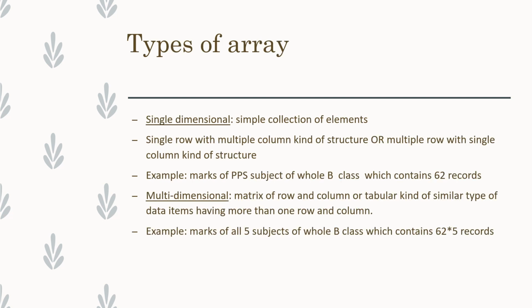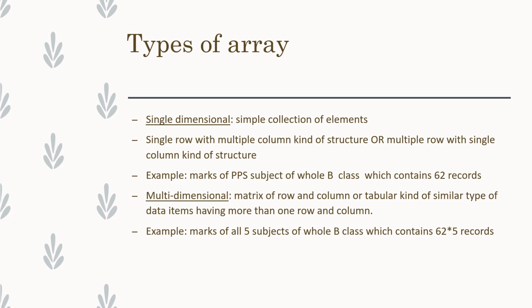So basically, two types of arrays can be used. First one is a single dimensional, second one is multidimensional. Now what is single dimensional? It is actually the simple collection of elements. Whenever we are having an array which is of kind a single row with multiple columns or a simple column with multiple rows, that kind of structure can be stored as a single dimensional array.